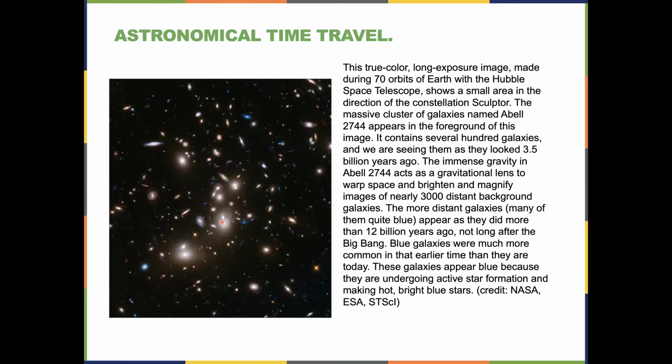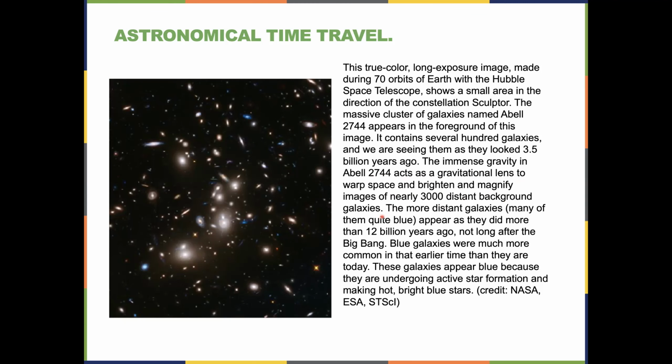So it creates a huge gravitational field, and you will get to know about this when we talk about the general theory of relativity: once you have this huge gravity, it can curve space, right? As a result, as I have mentioned here, the Abell 2744 galaxy cluster acts as a gravitational lens to warp space and brighten and magnify the images of nearly 3000 distant background galaxies.